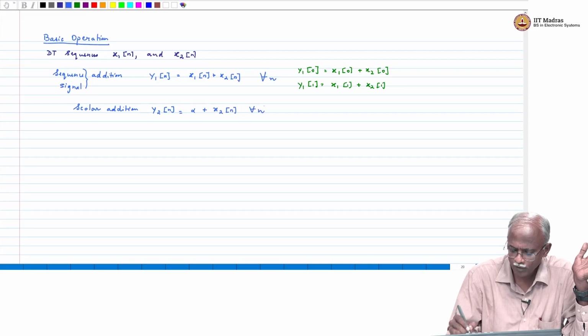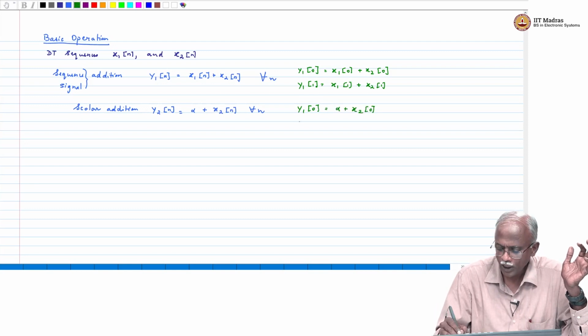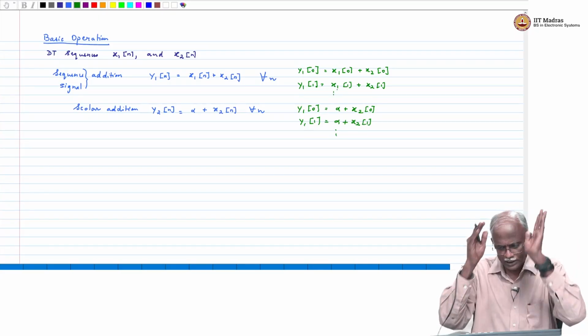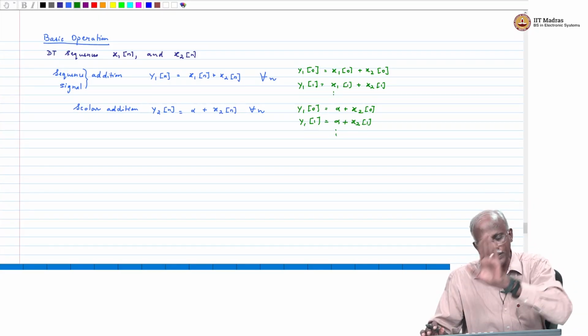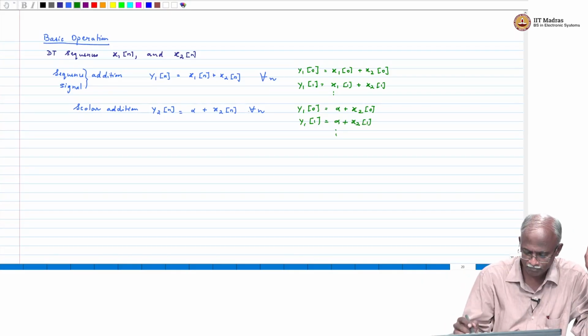Again, this is for all values of n. y2 of 0 will be alpha plus x2 of 0. y2 of 1 will be equal to alpha plus x2 of 1, and so on. So for all sequence values, the same value alpha gets added. This is a scalar addition.